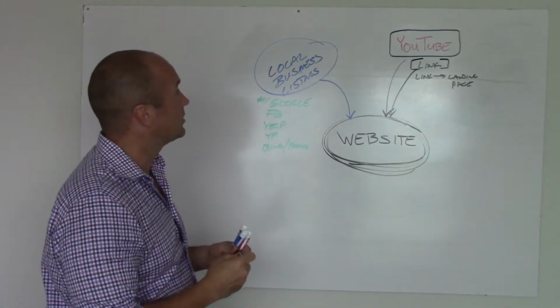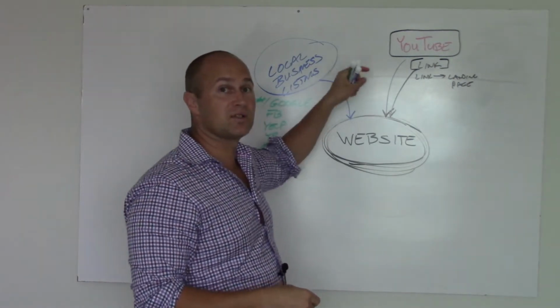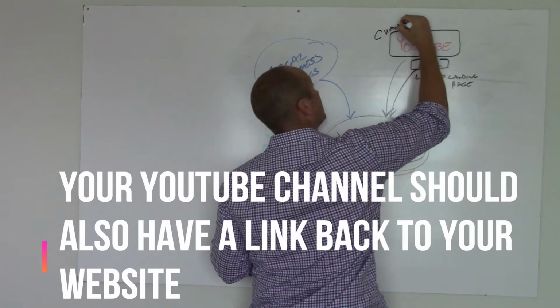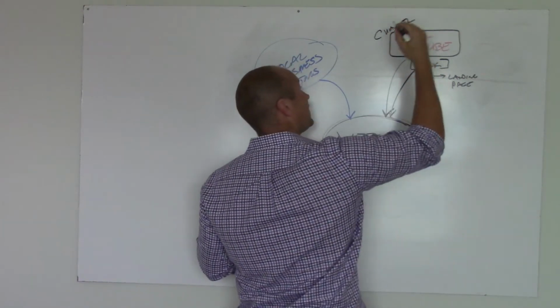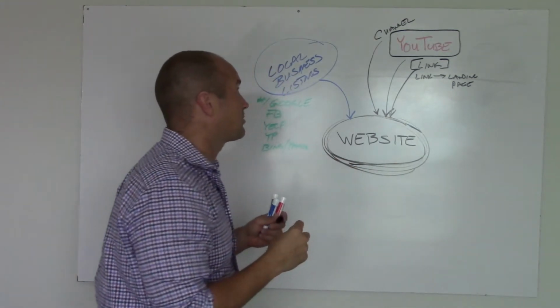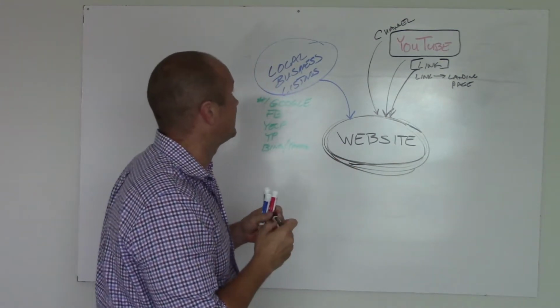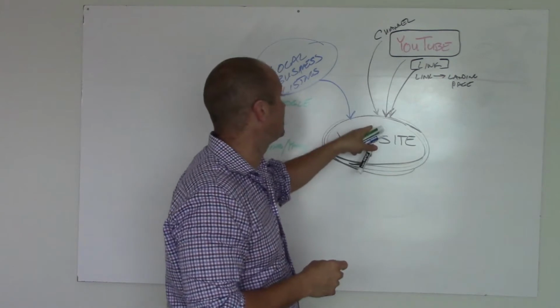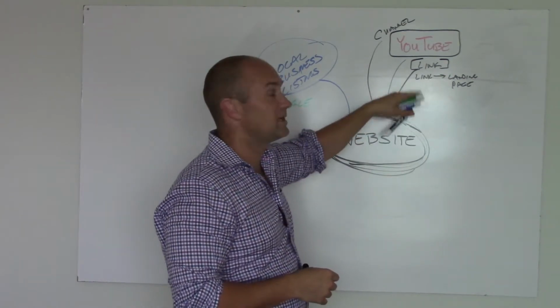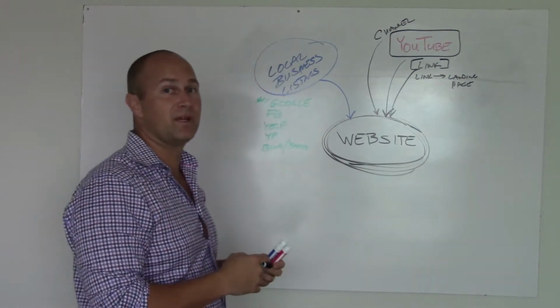Your YouTube channel can also have a link back, where you can create playlists and all sorts of stuff. But the actual link for your website can be in the description of every video.